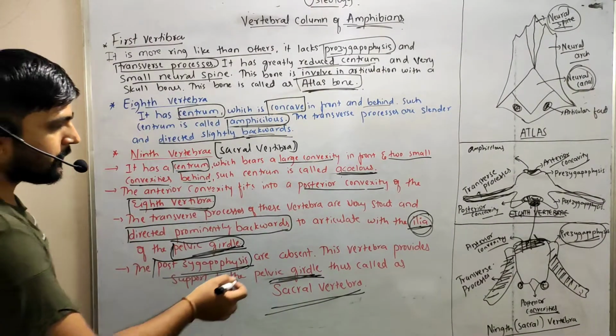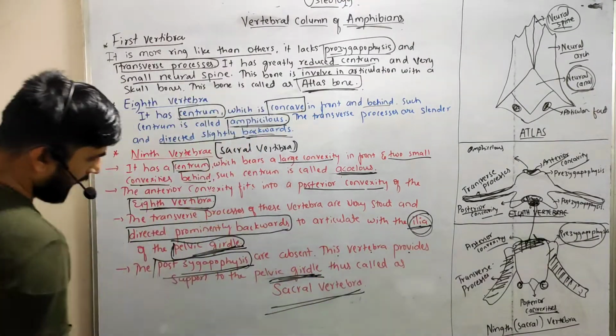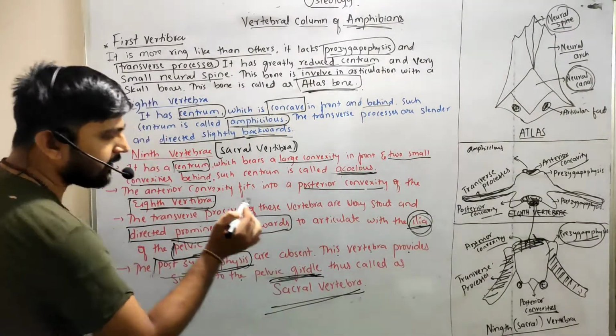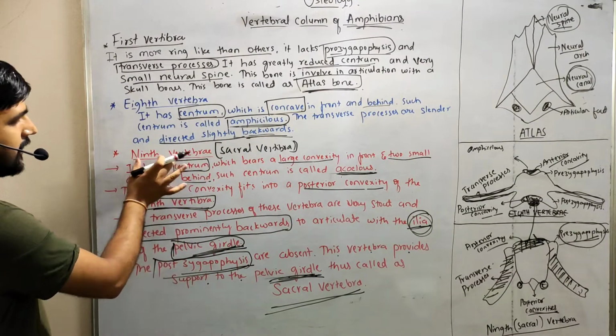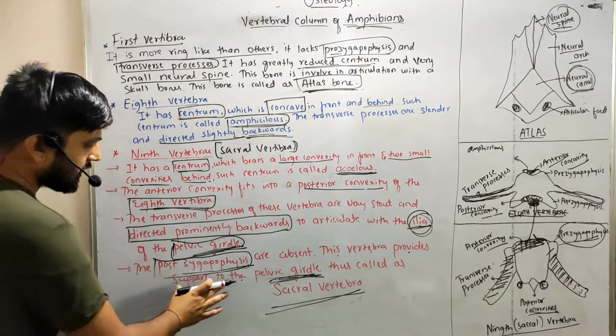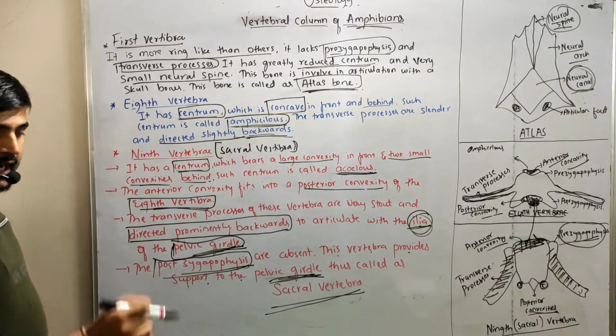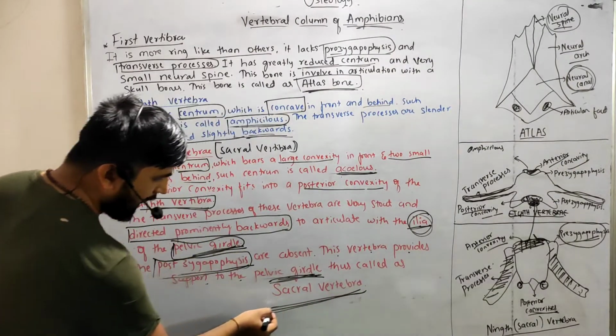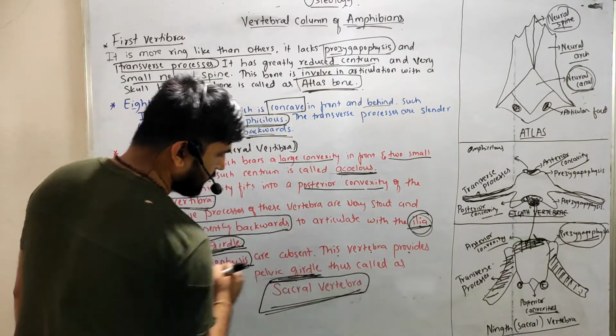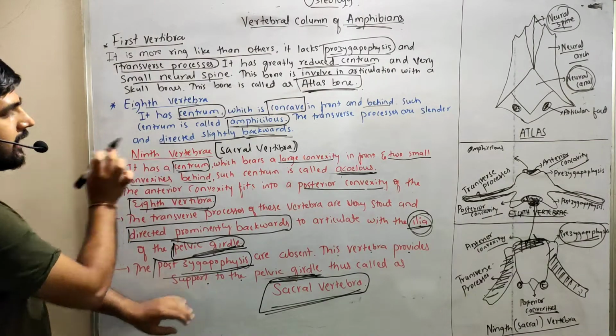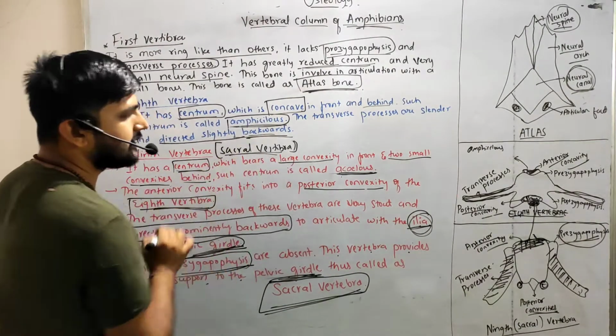So this vertebra provides support to the pelvic girdle. That's why this bone is called the sacral vertebra. So the ninth vertebra is called the sacral vertebra.